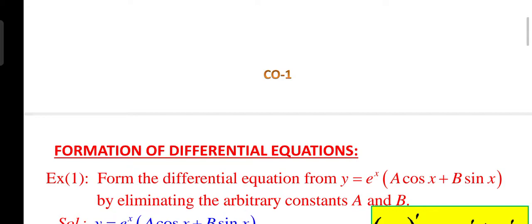Right students, now we dive into our topic, formation of differential equations.